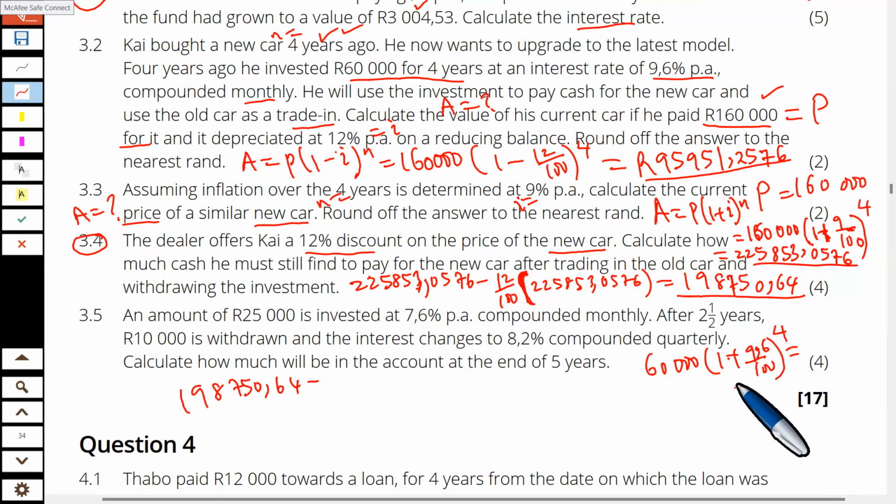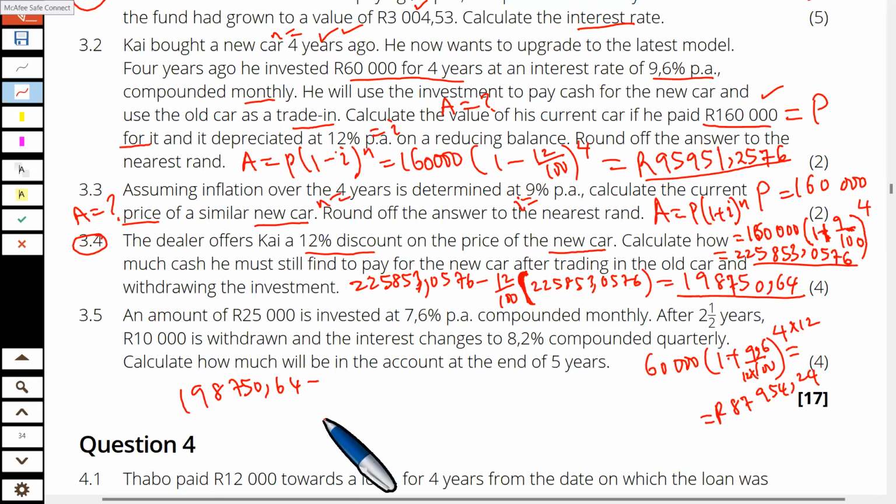But it's compounded monthly, so you must multiply by 12 here, but you must also multiply here by 12. So if you do that, it gives you 87,954.24.